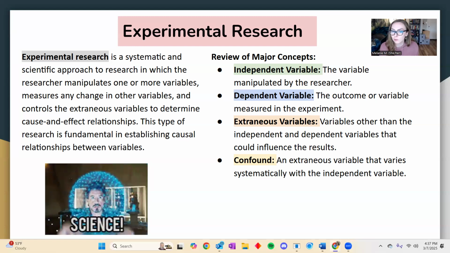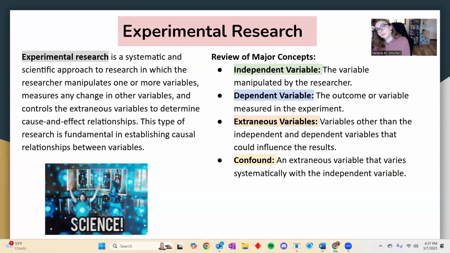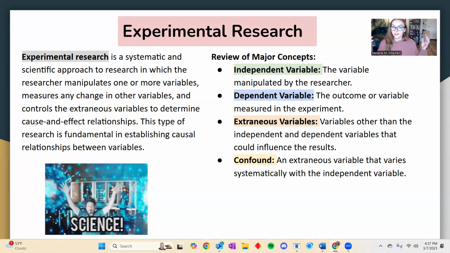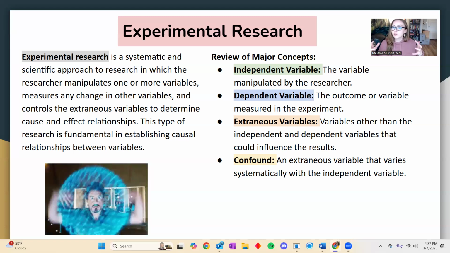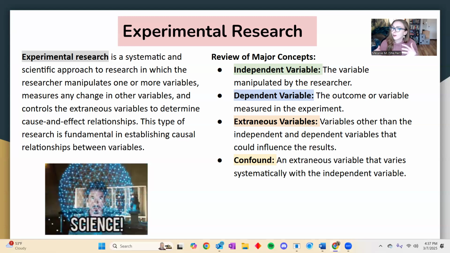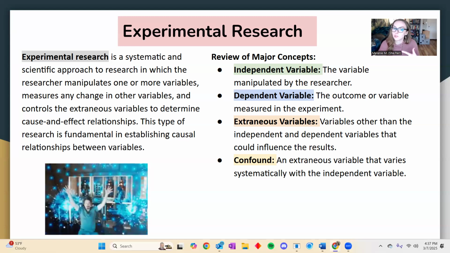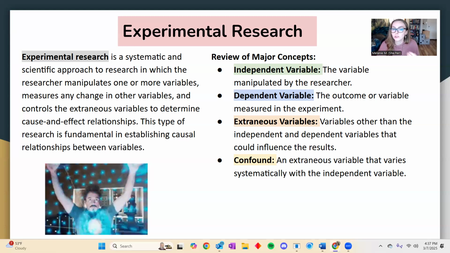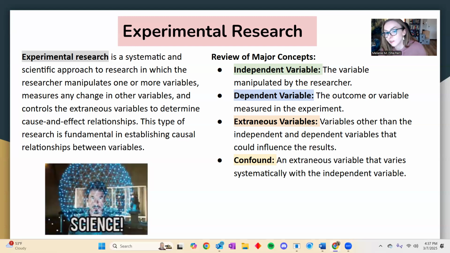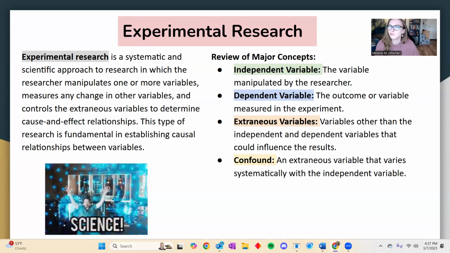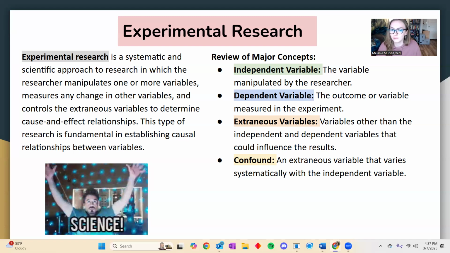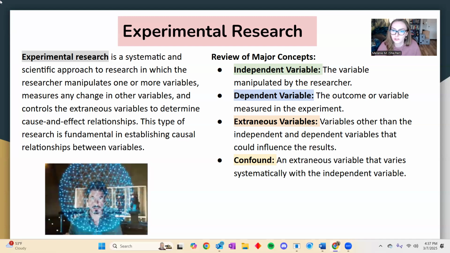An extraneous variable varies systematically with the independent variable. So again, just to recap, an extraneous variable is something that your research isn't accounting for, but could influence results. Confounding variables are a specific type of extraneous variables that are going to confuse, or confound, if you will, the results.